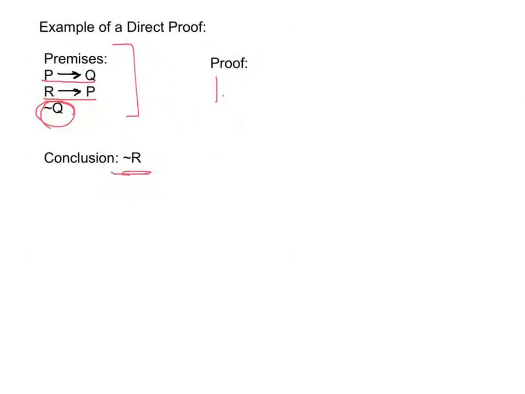So 1, we have if P then Q, and the reason for that is that it's a premise. And then we have 2, not Q, and the reason for that is also that it's a premise.